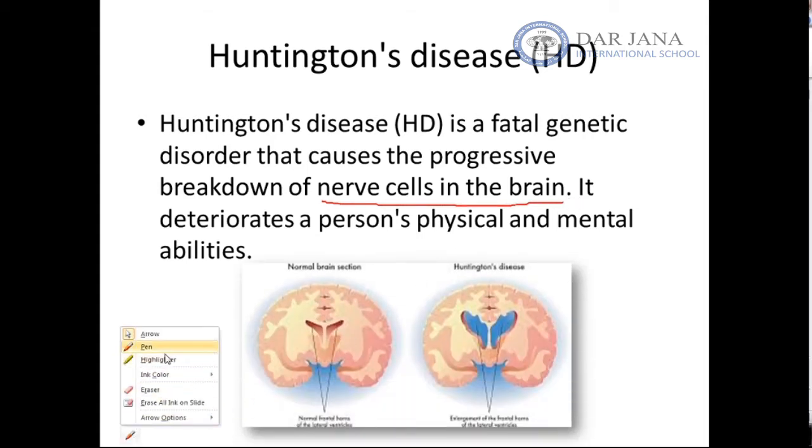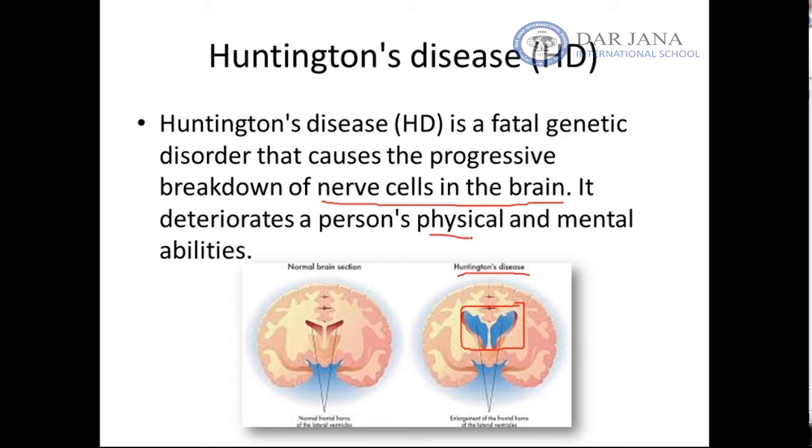In a normal brain section, we see healthy tissues in the brain, while in Huntington's disease, look at this area, it shows that we have breakdown of nerve cells in the brain. So of course, this will lead to deterioration in the physical and mental abilities in this individual.